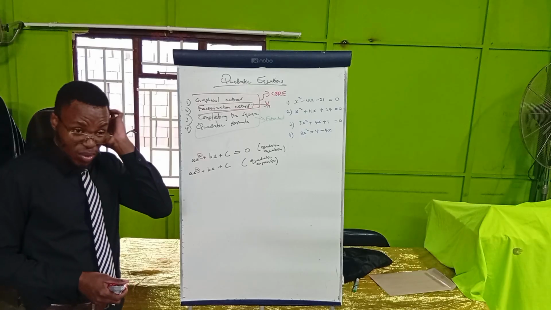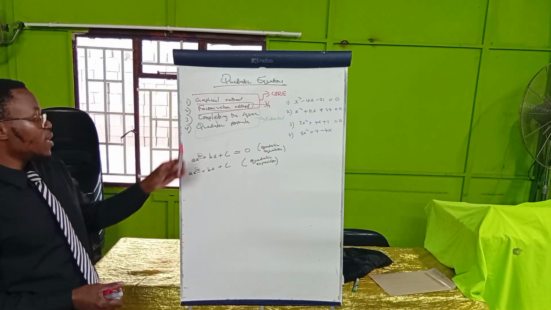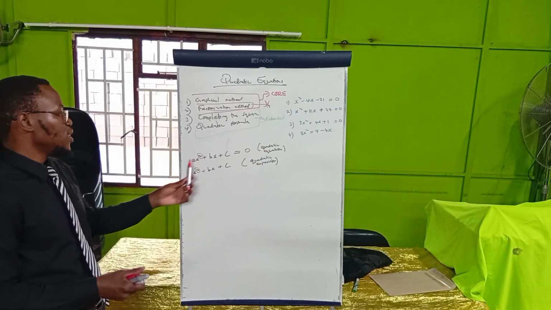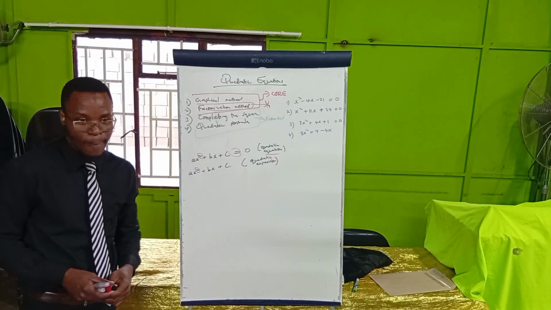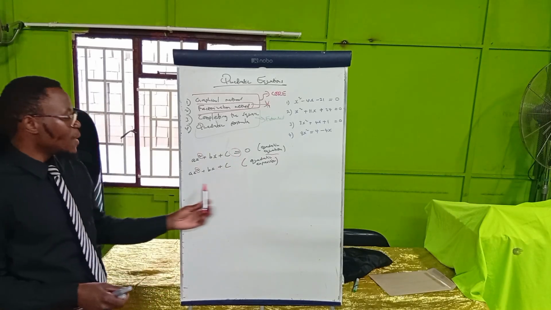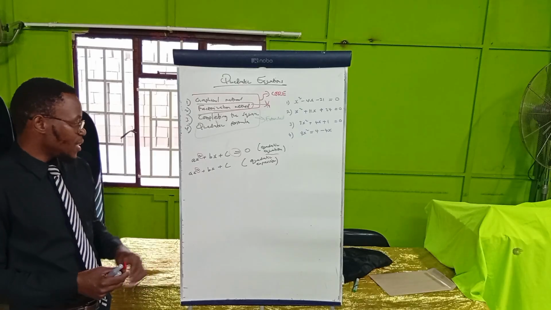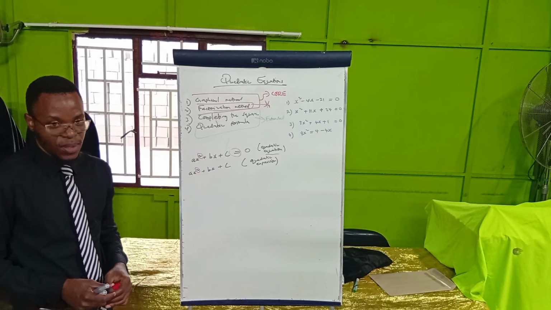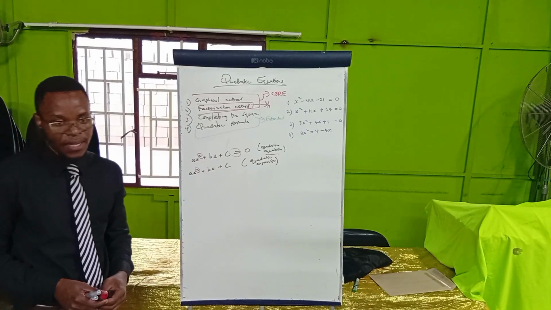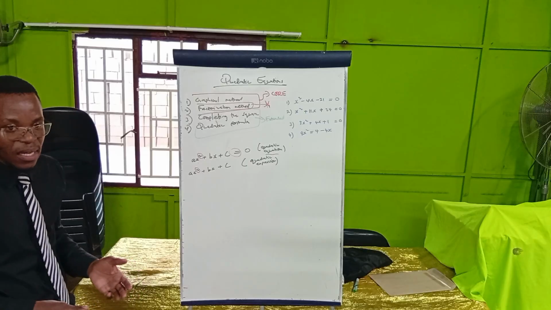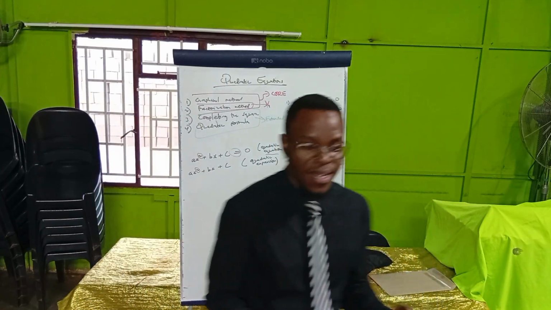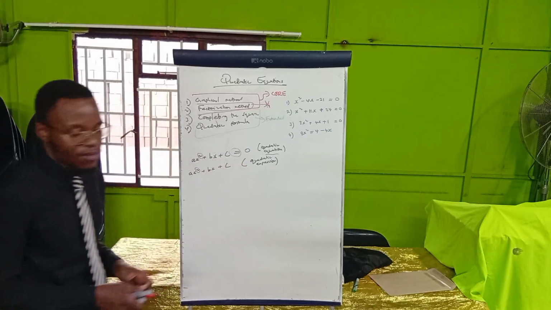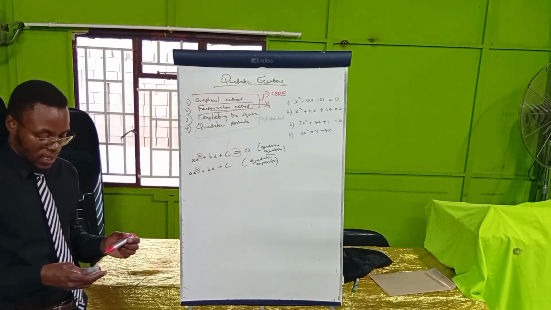Then the second thing that you're going to note is these values. The first one is an equation because you've got an equal sign. This one is an expression because it is just a collection of terms separated by a positive sign. So an expression is a collection of terms without an equal sign, and an equation you always identify by having an equal sign.